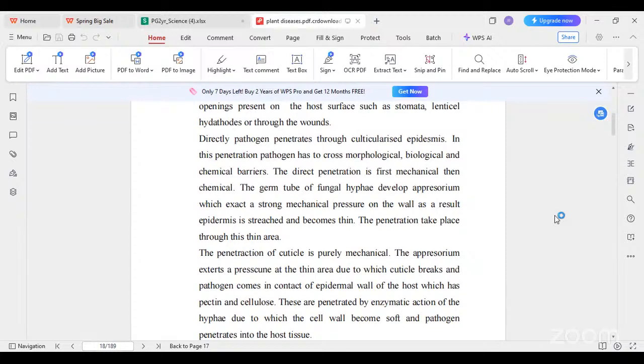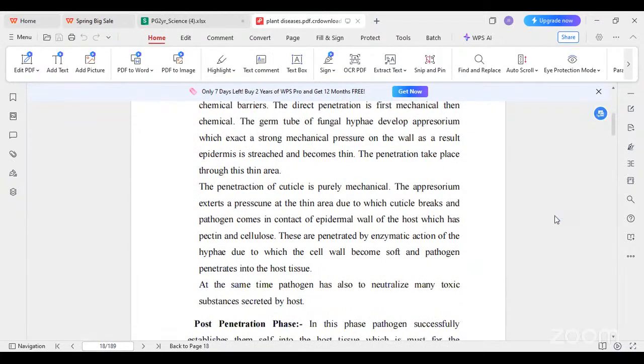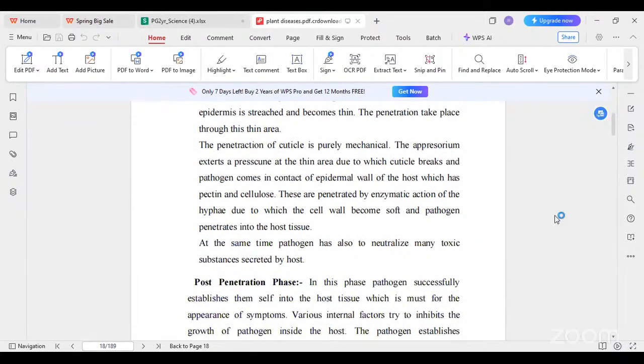The germ tube of the fungal hyphae develops an appressorium which exerts a strong mechanical pressure on the wall. As a result, the epidermis is stretched and becomes thin. The penetration takes place through this thin area.